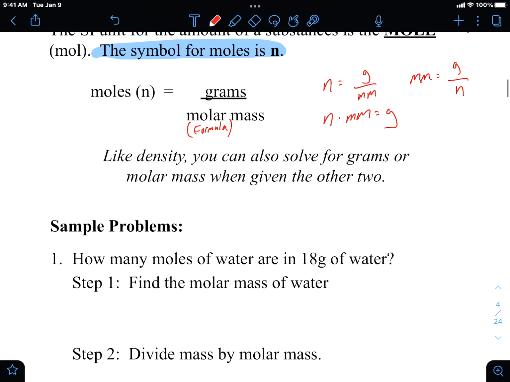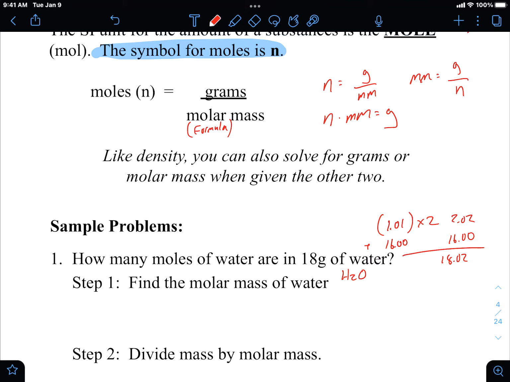Okay. So, example. How many moles of water are there in 18 grams of water? First, find the molar mass of water. Again, molar mass is the same thing as formula mass. So when you look up water, 1.01 is hydrogen, and you're going to multiply that by 2, and the oxygen is 16.00. So 2.02 plus 16.00 is 18.02.